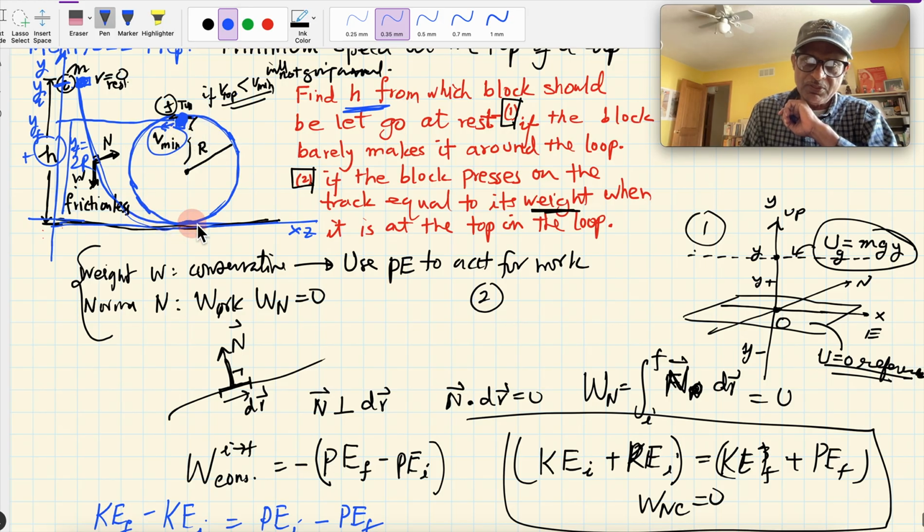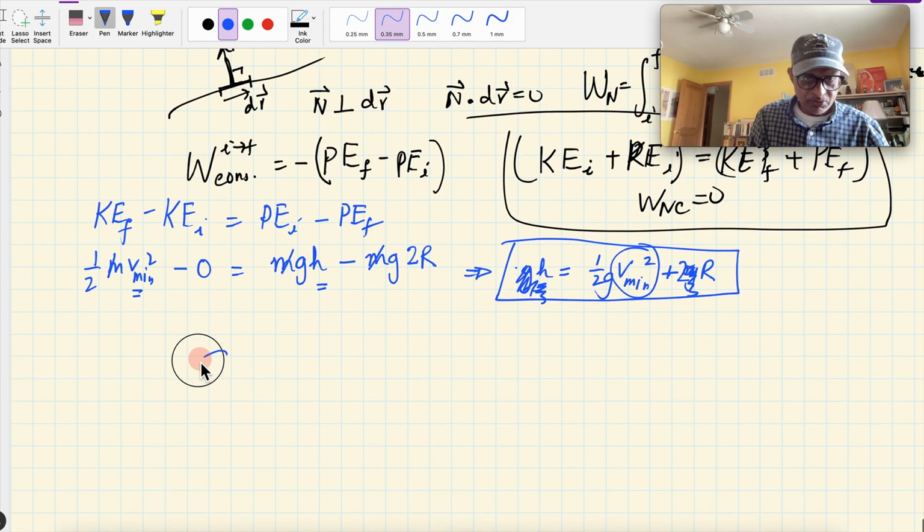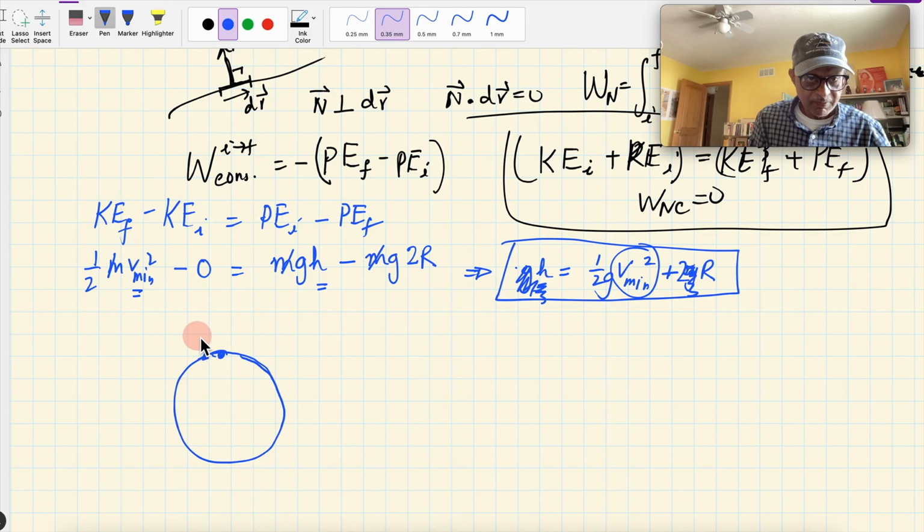If it's going to go around a circle, over here is a circular motion. If the speed is v here, let's draw it out. In this circular motion, over here the speed is v min, vm for short.